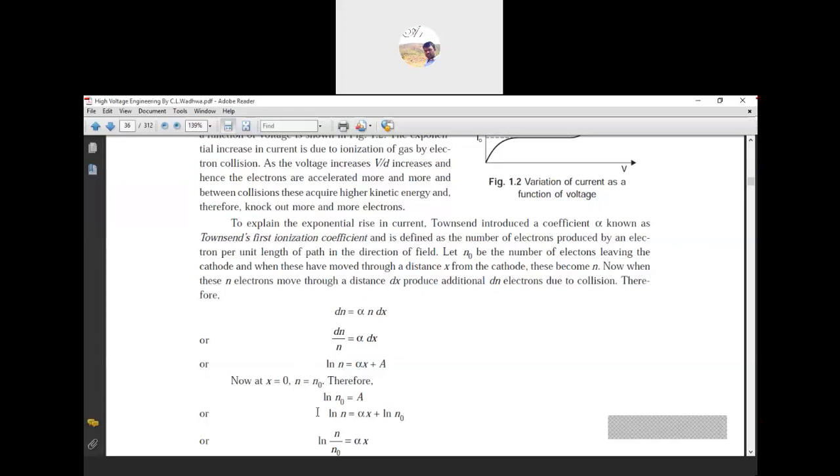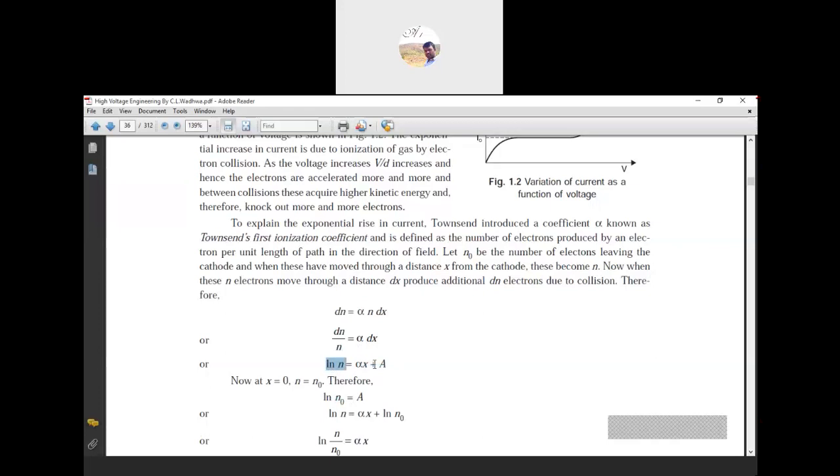Applying the initial conditions, x is equal to 0, then n becomes n naught.